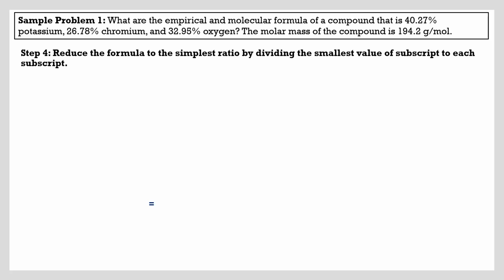So step 4, therefore, is to reduce the formula to the simplest ratio by dividing each subscript by the smallest value of subscript. So going back, potassium's subscript is 1.03, chromium is 0.52, and oxygen is 2.06. The smallest subscript is 0.52.